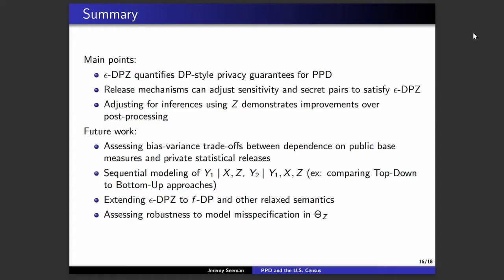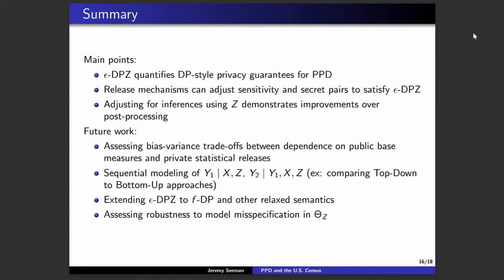So just to quickly summarize, we've introduced this relaxation of differential privacy that focuses on this partially private data case, which is really important for the federal statistics context. We've looked at a couple of different release mechanisms that can adjust sensitivity and secret pairs in order to think about how we might satisfy this framework.